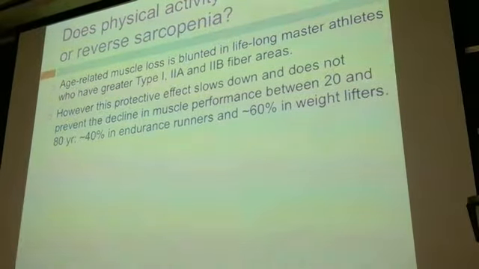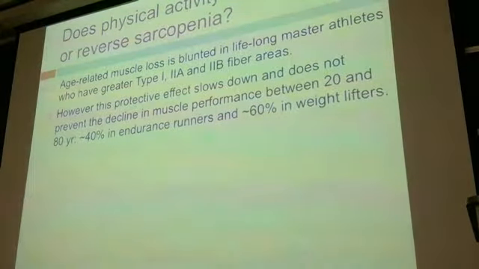So it also affects short-term high-power muscles, as well as the type 1 muscles that involve endurance, but the effect is greater on the high-power performance that is a function of the type 2 fibers.